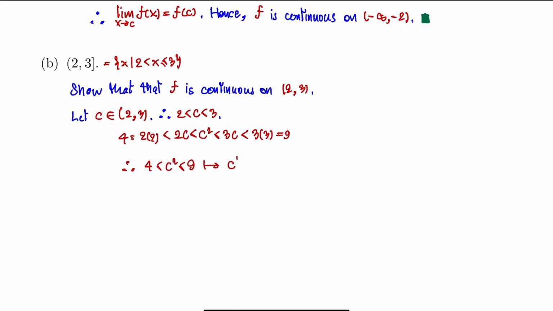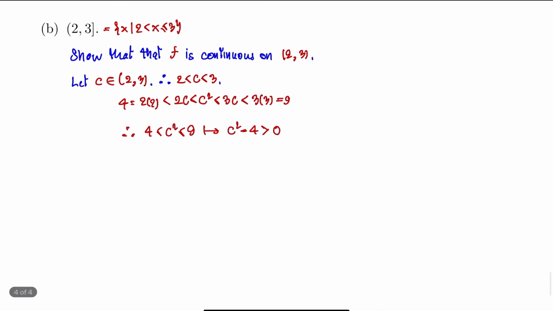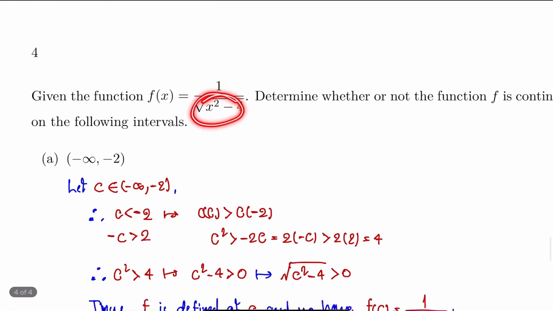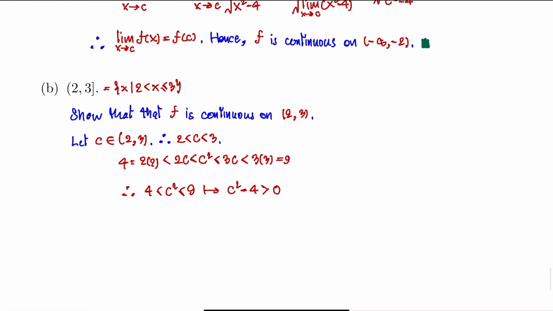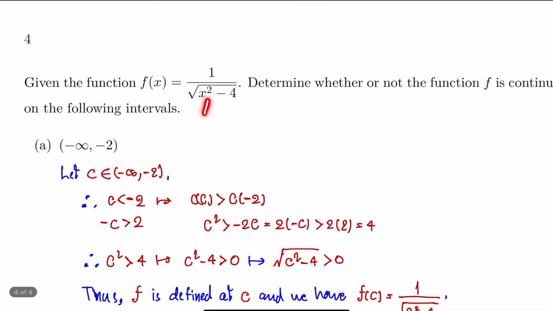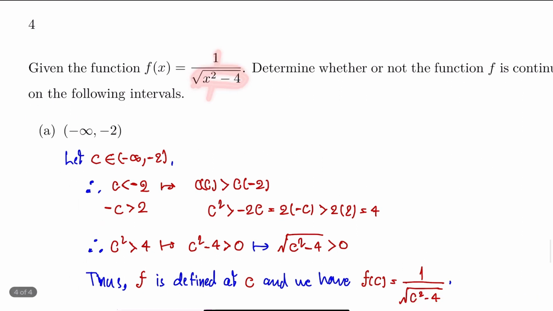We have C squared minus 4 greater than 0. Okay, once we have this term greater than 0, we can plug this term into this square root. When it's greater than 0, you can plug it into this denominator, 1 over this square root.